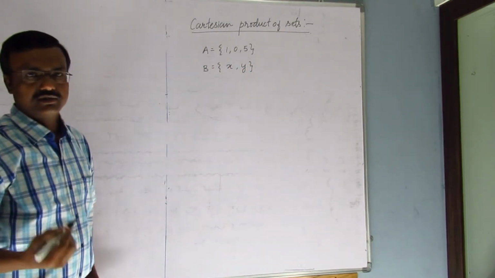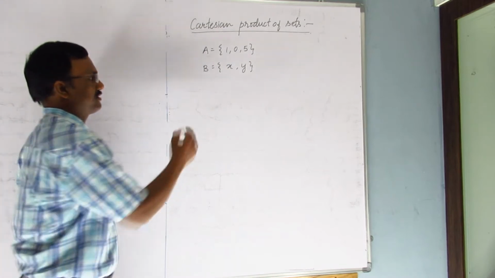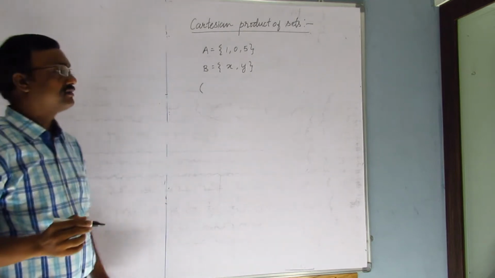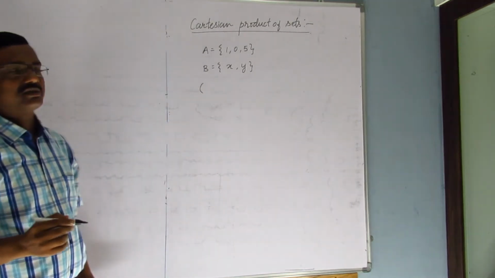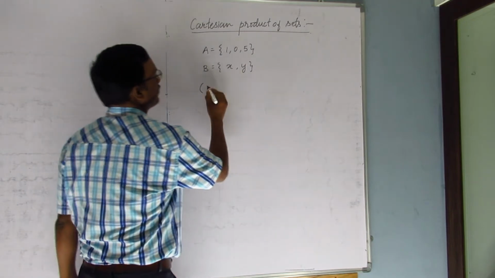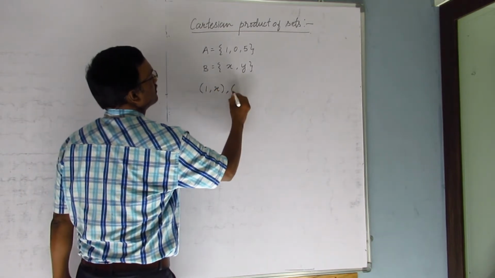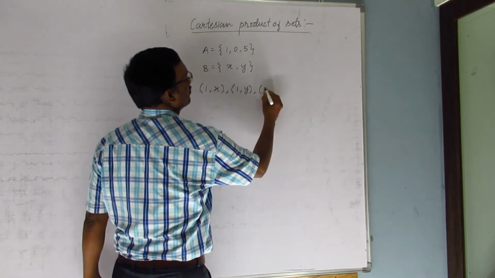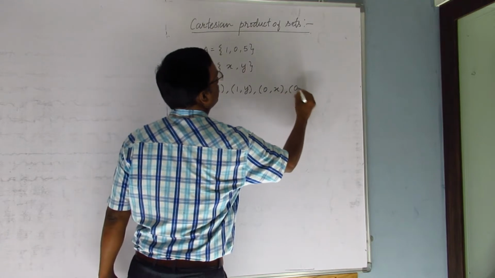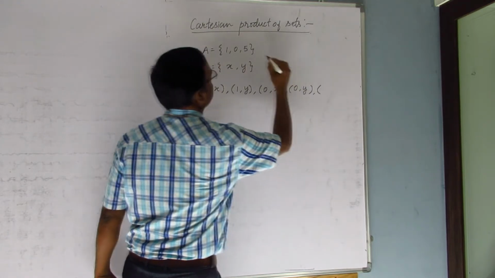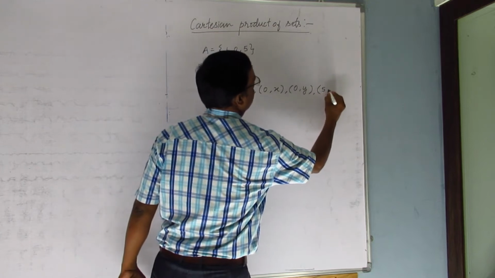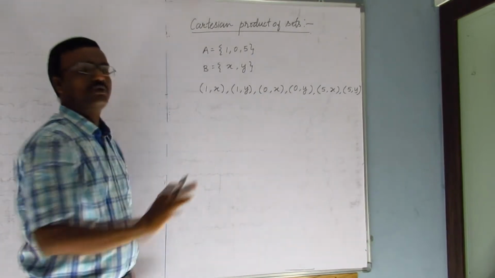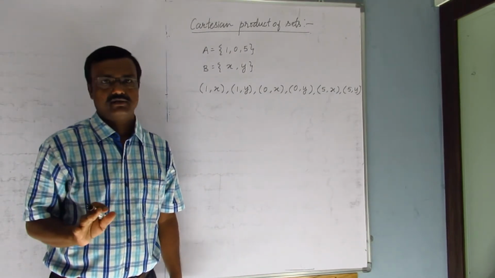So if I continue making ordered pairs, first element from first set and second element from second set, I make a pair like (1, x), the second pair (1, y), then beginning with 0, (0, x), (0, y), and next (5, x) and (5, y). So these are all possible ordered pairs.